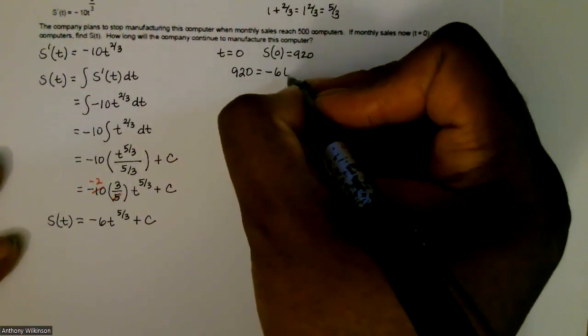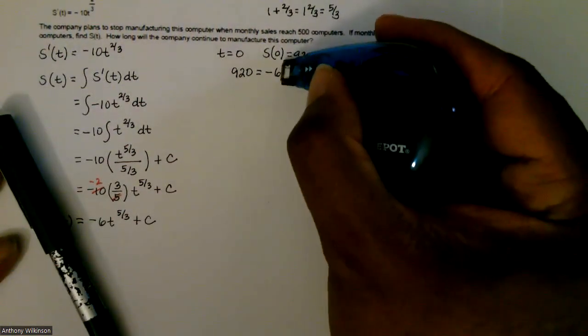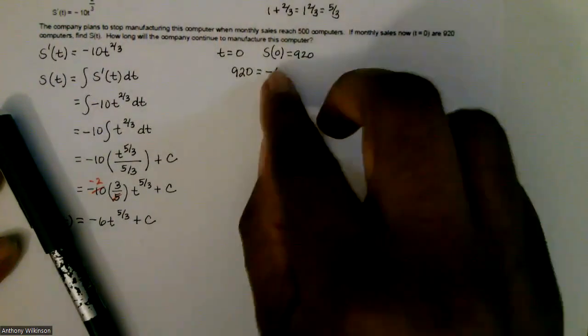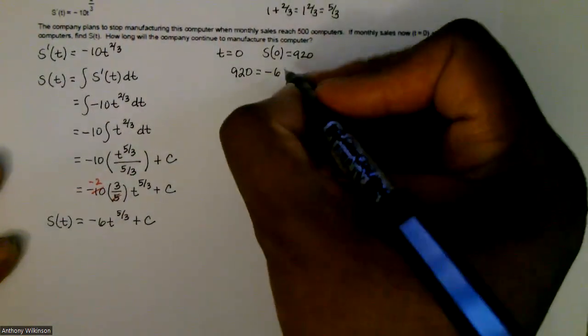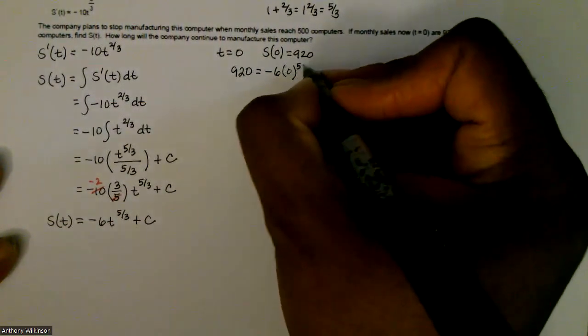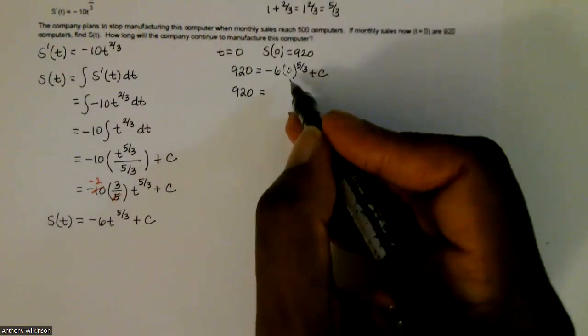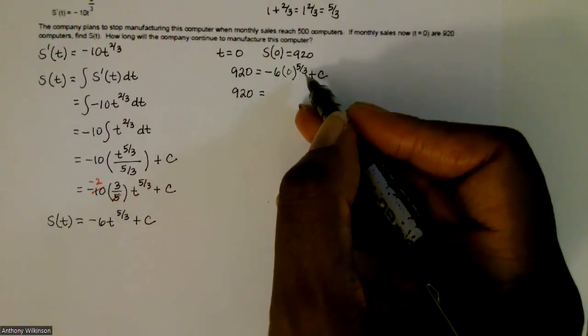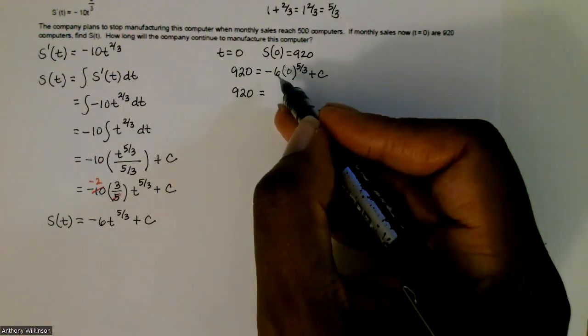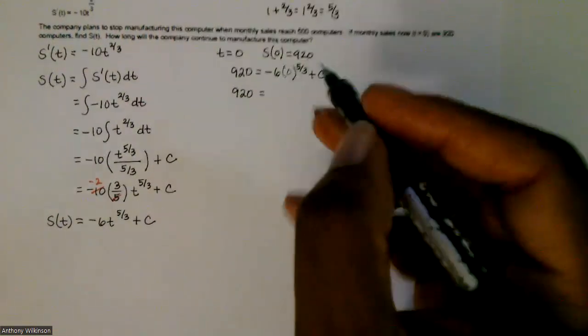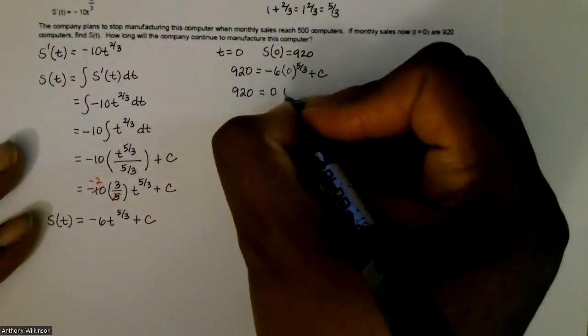T will be substituted with 0, so it'll be negative 6 times t, which is 0, raised to the 5/3 plus c. Bring the 920 down. 0 to the 5/3 power is 0, times negative 6, which is 0, plus c.